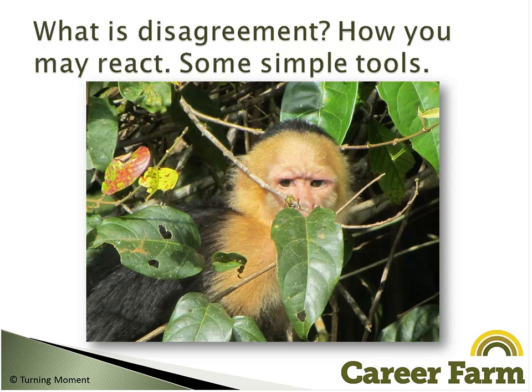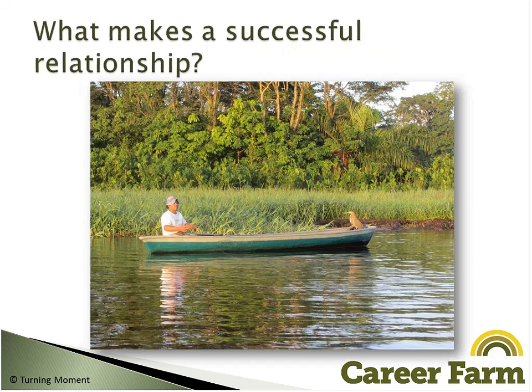Okay, so I'd just like you to think about successful relationships for a moment. On the screen here we have a picture of a Costa Rican fisherman, and you can see at the other end of the boat is a bird called a tiger heron, and you can see these two are in harmony. The fisherman looks happy and the tiger heron looks happy.